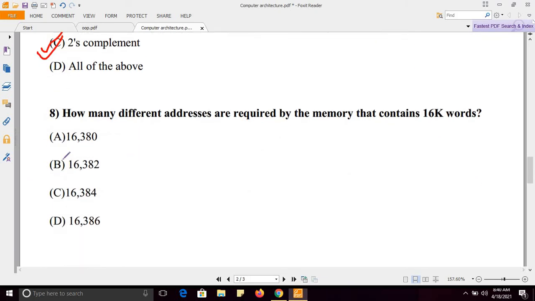Next, how many different addresses are required by the memory that contains 16k words? So see, here it is 16 and k is 1024. 1k is 1024.